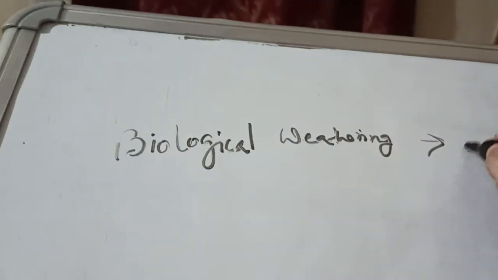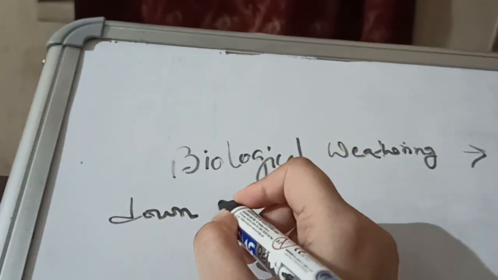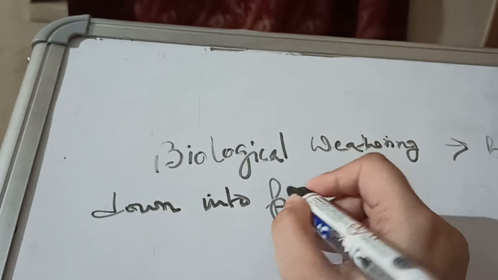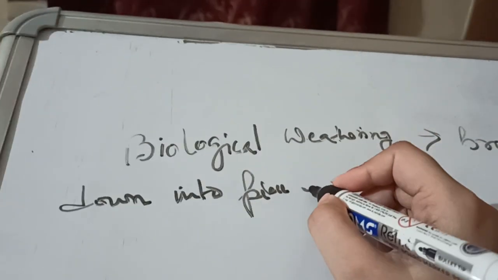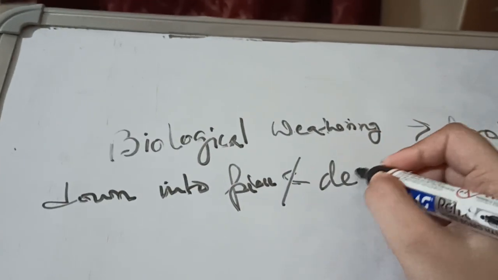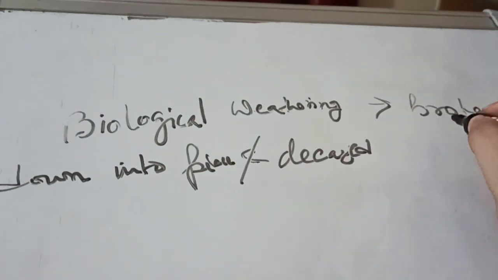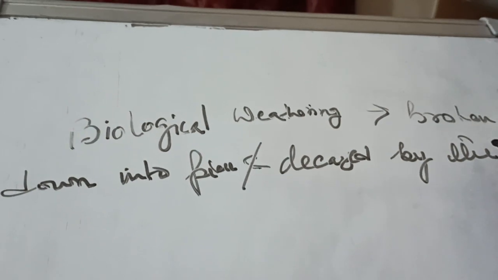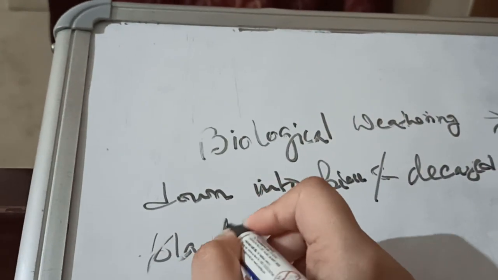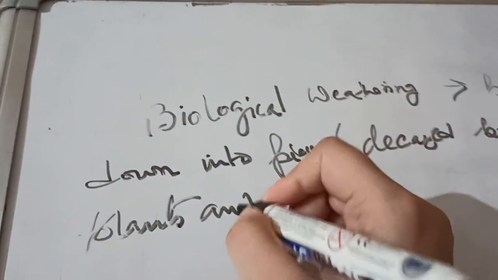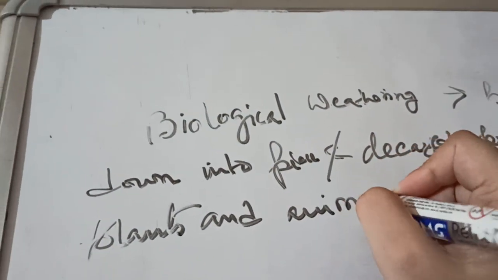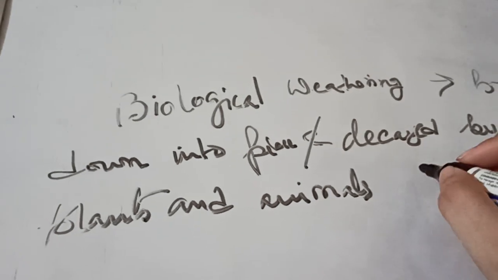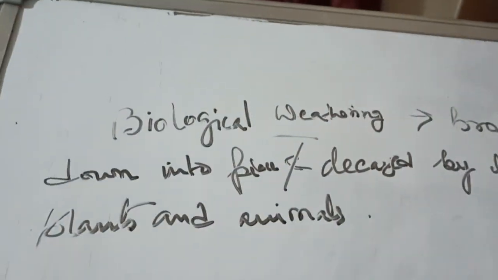When the rocks get broken down into pieces or decayed by the action of plants and animals, this is known as biological weathering.